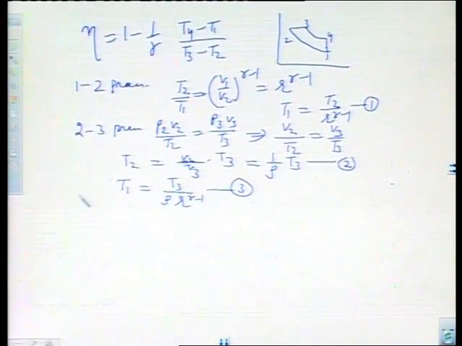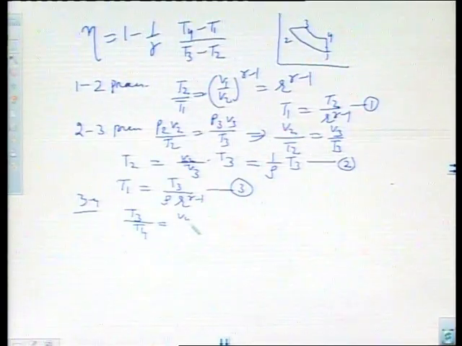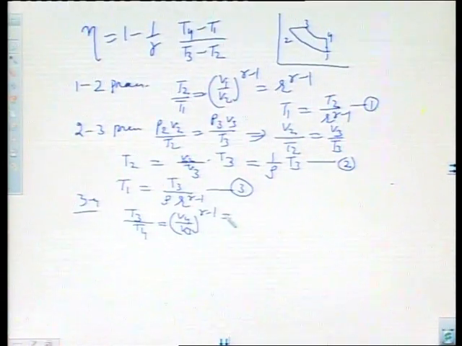Now, take the 3-4 process. Again apply the same formula I have shown you. T3 divided by T4 is (V4 divided by V3) to the power gamma minus 1. V4 by V3 is nothing but R divided by rho, to the power gamma minus 1.